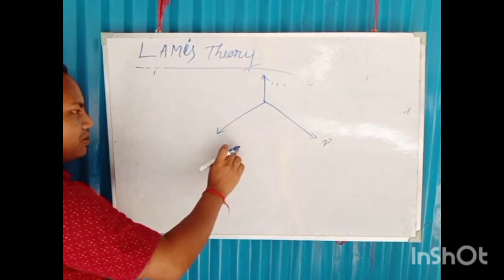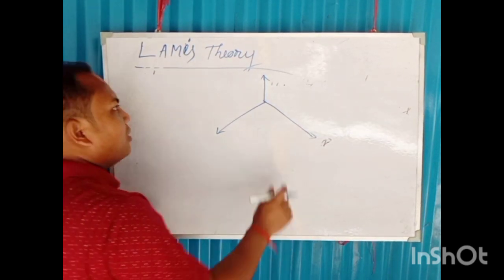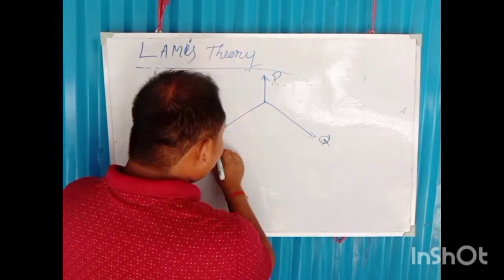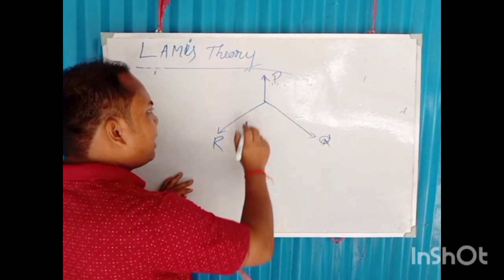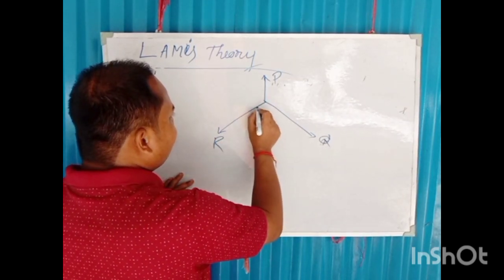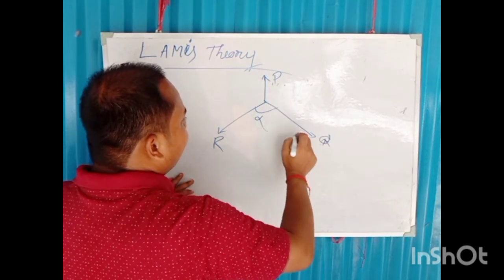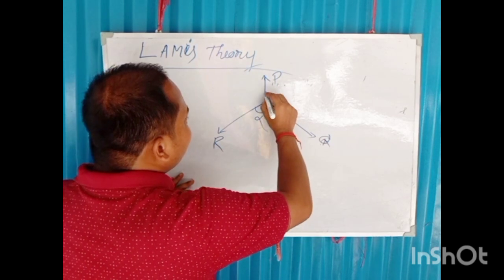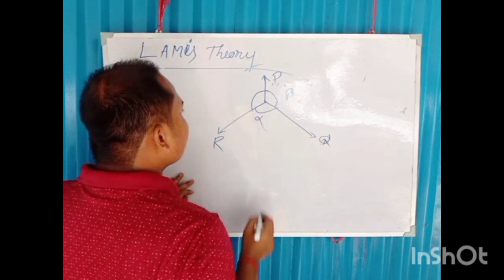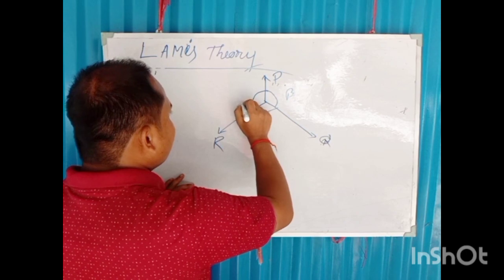This is the graphical representation. This is the P force, this is the Q force, and this is the R force. Also the angles between them: the angle between R and Q is alpha, the angle between P and Q is beta, and the angle between P and R is gamma.